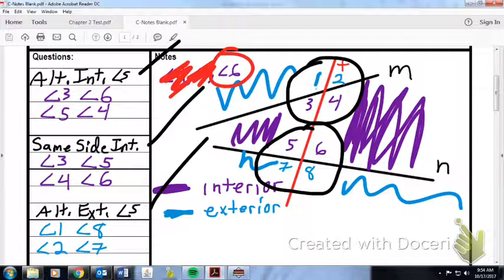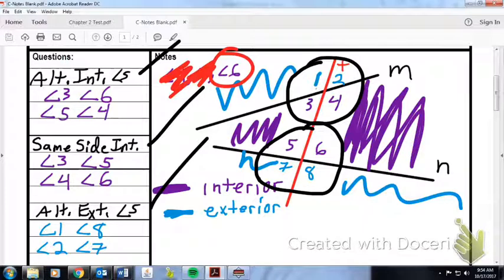Okay? So we already have names for pairs like these right here, 1 and 4, those are vertical angles. 1 and 2 are a linear pair, they're supplementary. Same thing with 1 and 3, 2 and 4, 3 and 4. So all the ones in each intersection we have names for.